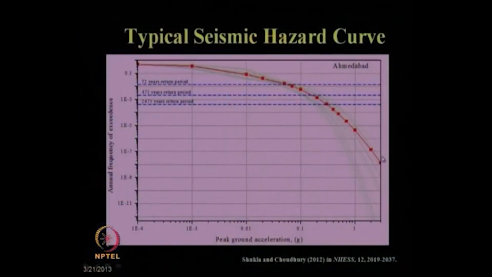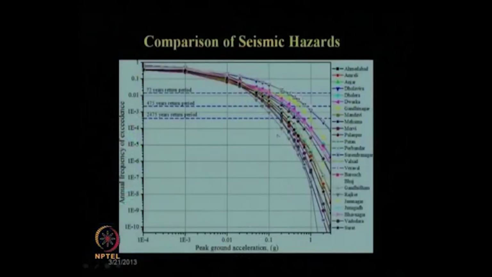So, like that for each city you can generate this kind of hazard curve of lambda Amax versus Amax. Clear? Now, this slide shows comparison of various seismic hazards among these 25 cities.